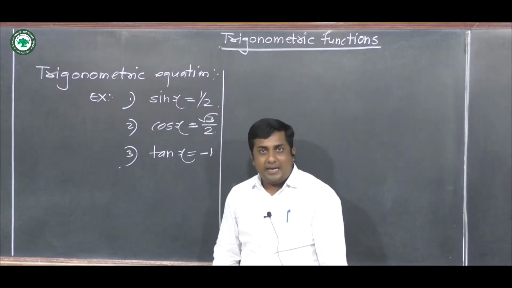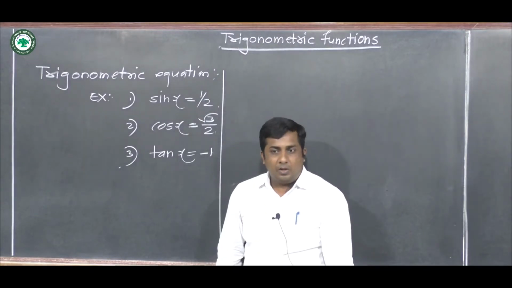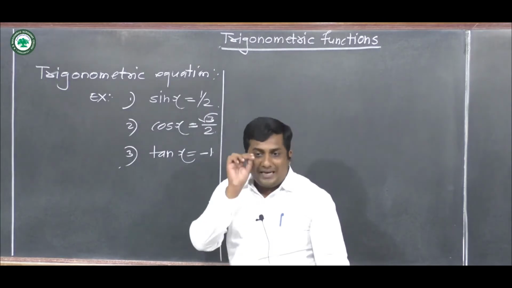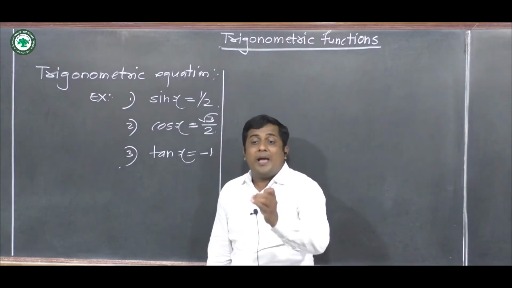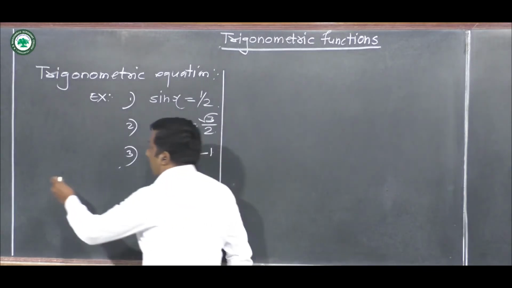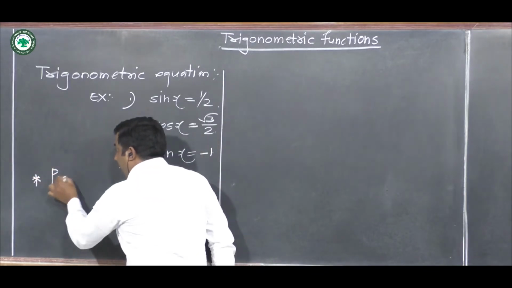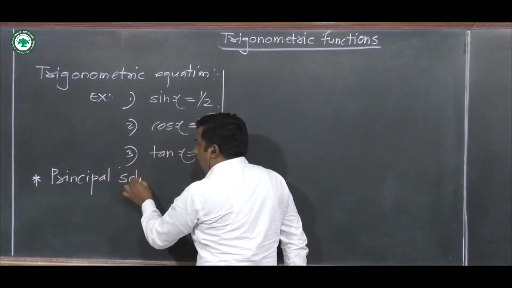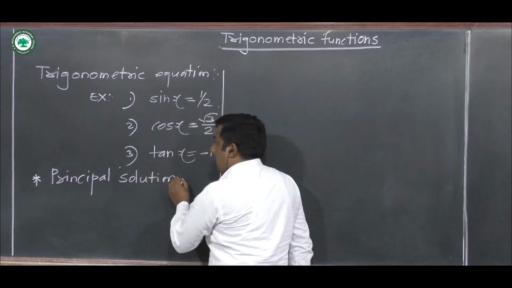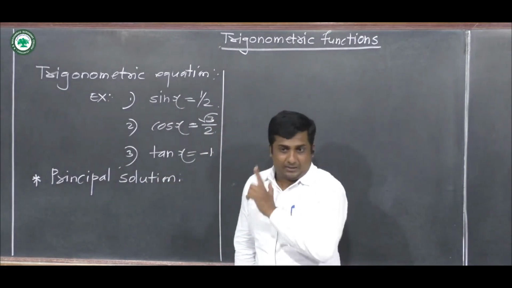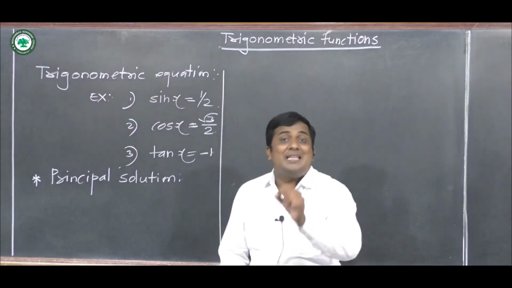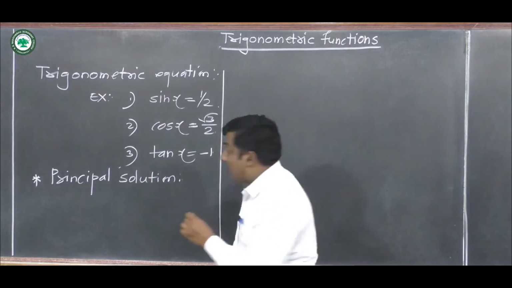Now in this part, in the solution of a trigonometric equation, we define the principal solution. Now what is a principal solution? If this solution x lies in the interval, in which interval?